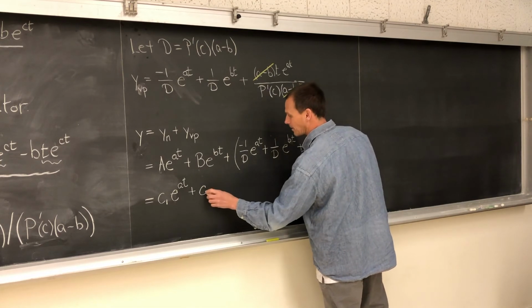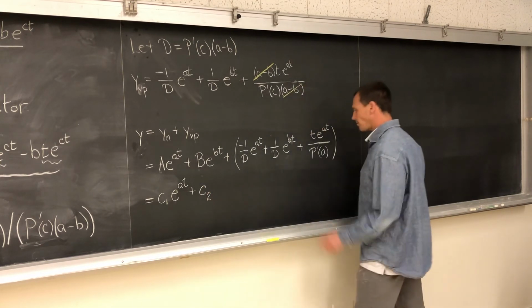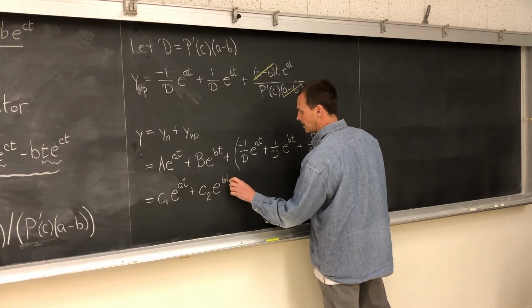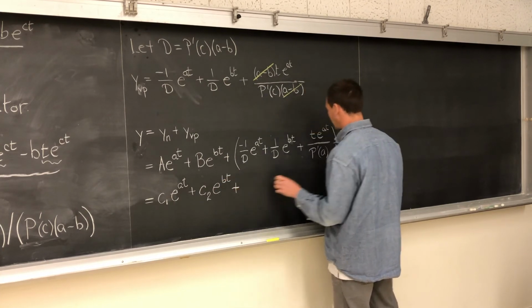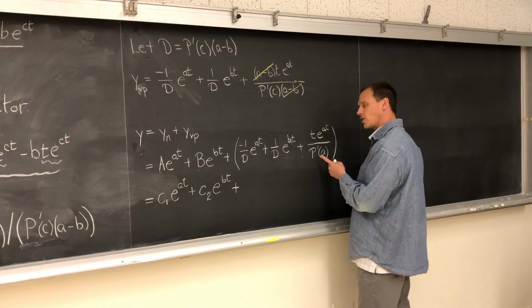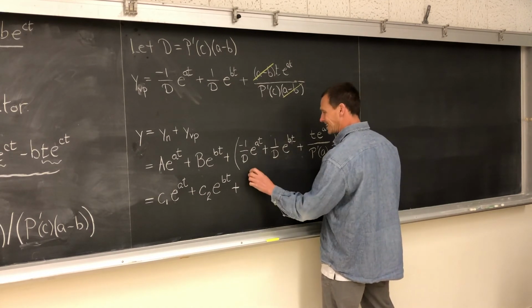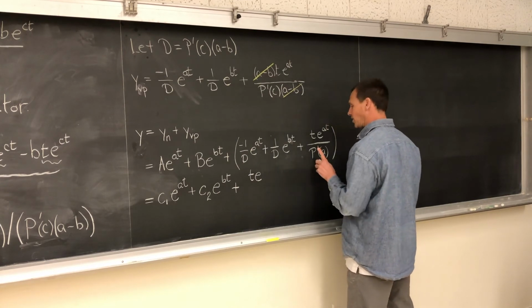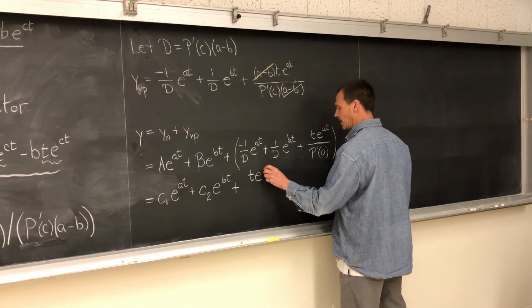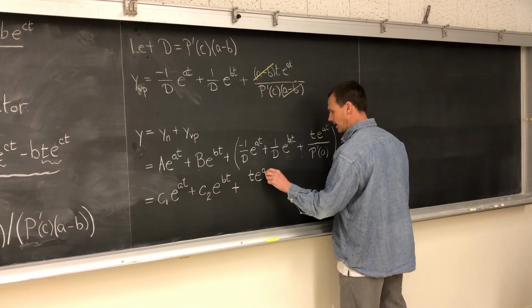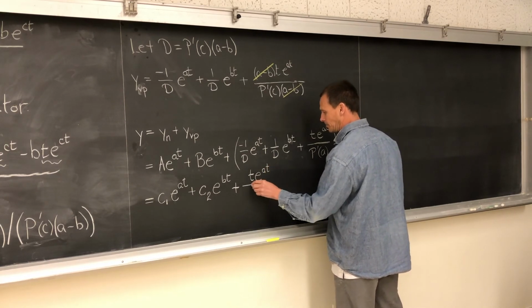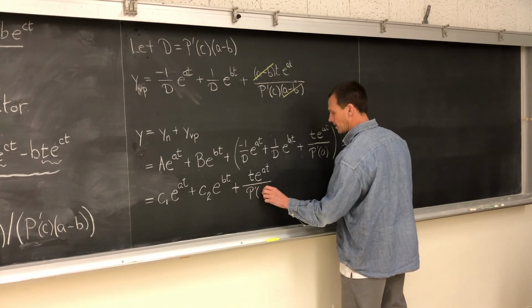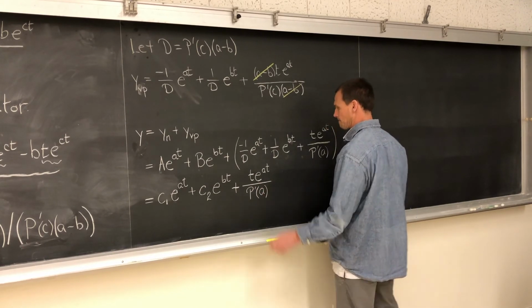Let's just call it C2. Plus e to the bt plus my particular solution that occurs, which is t e to the at over p prime of a.